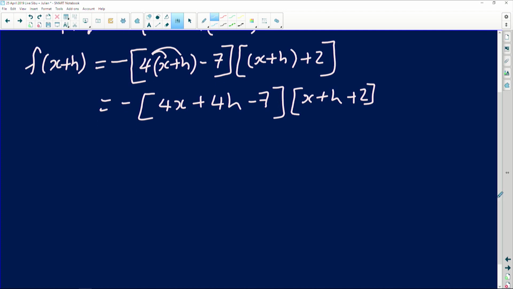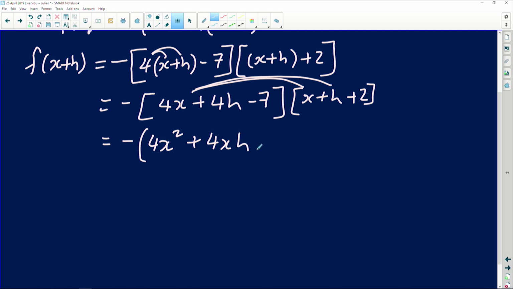If you simplify this further, you will notice that we don't have any like terms in the first bracket. We also don't have any like terms in the second bracket. So if you may allow me, I'm just going to start doing the foiling. Multiplication there. This will give us 4x squared. 4x times h will give us positive 4xh. And then 4x times 2 at the end there will give us positive 8x.